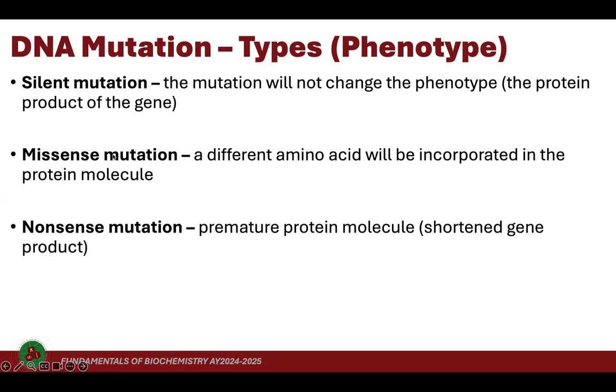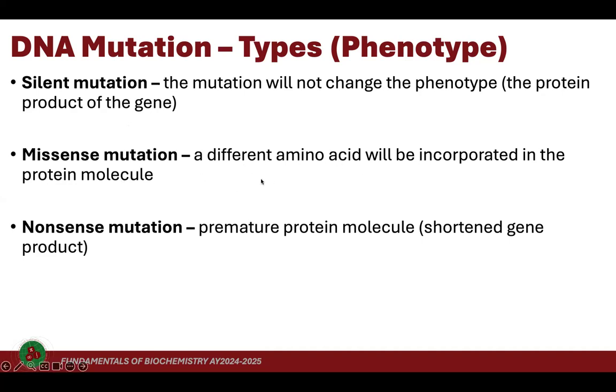We have a missense mutation wherein a different amino acid will be incorporated in the protein molecule. This amino acid could be similar to the original amino acid. Let's say instead of the original leucine, isoleucine gets incorporated, and probably that's okay. So the protein molecule will still be able to do its function.